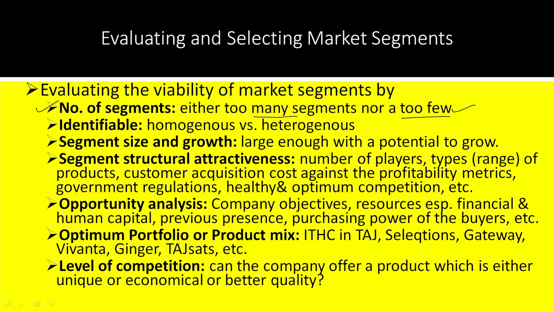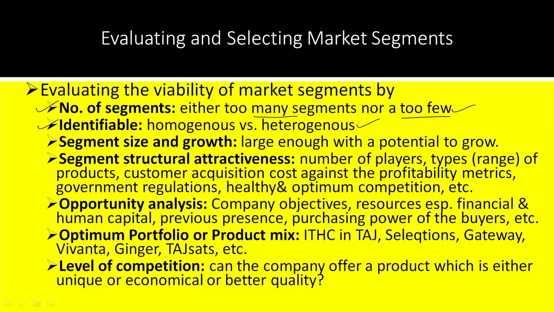Now, next, these segments have to be identifiable. Identifiable means their identity has to be discrete, separate from each other. As I told you in the previous point, these segments have to be homogeneous within themselves, meaning within a segment the characteristics of its members should be as common as possible, and at the same time these segments should be heterogeneous from each other: similar within the segment and dissimilar among the segments.